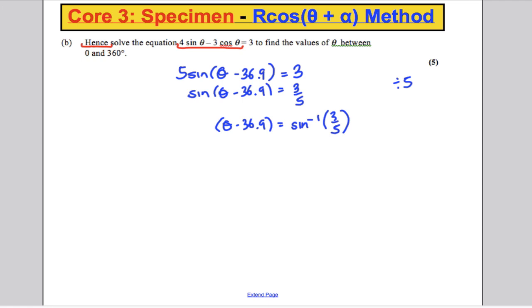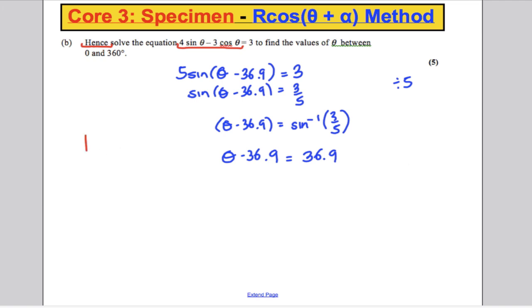Inverse sine of 3/5 is 36.87. So theta minus 36.9 will be equal to 36.9, keeping it to 1 dp.